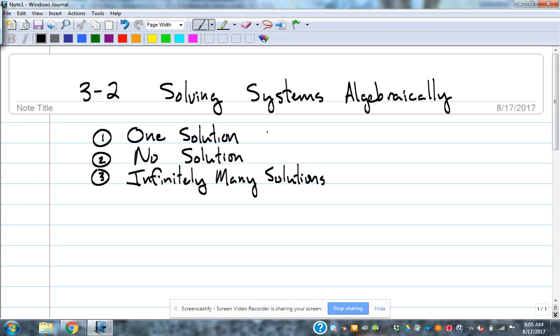All right, and the words that went with those, the math words: one solution was consistent and independent. No solution was inconsistent.